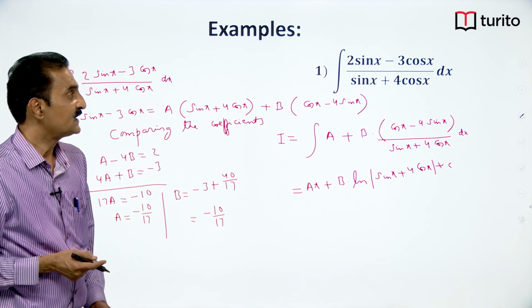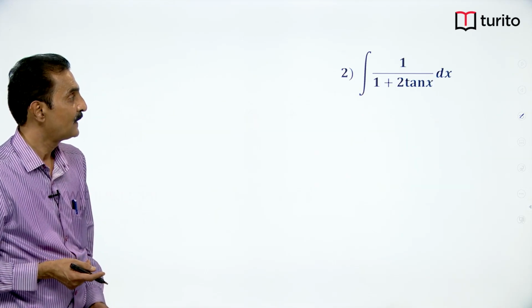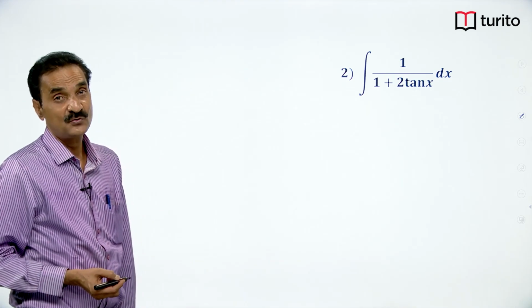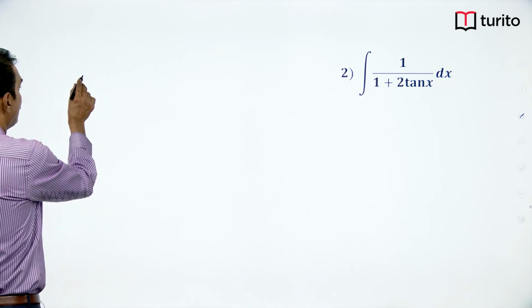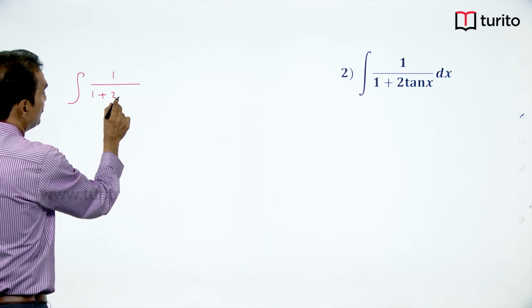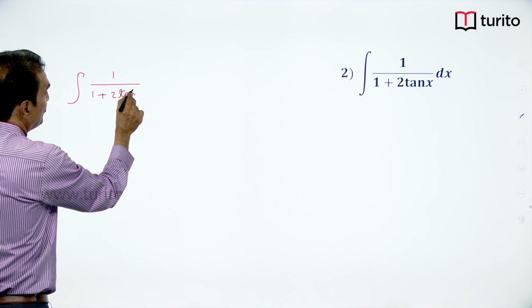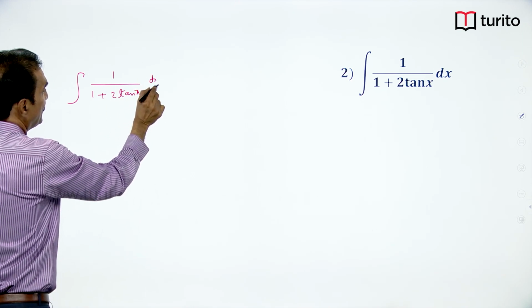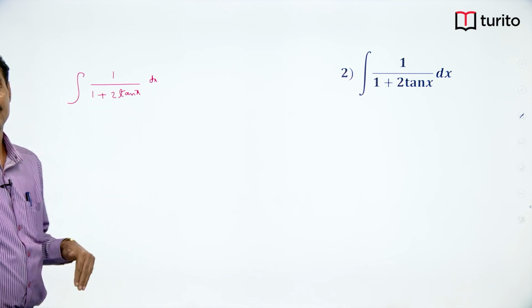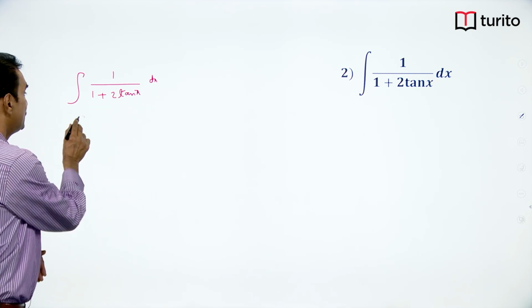Let us solve another question. Integral 1 by 1 plus 2 tan x. If we write tan x as sin x by cos x and take the LCM, what will you get?